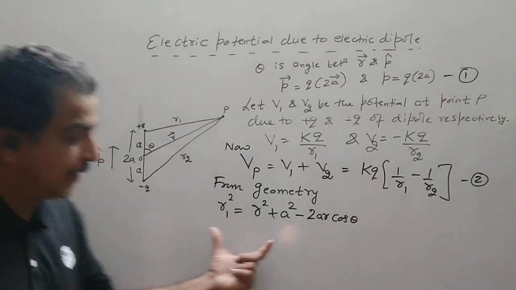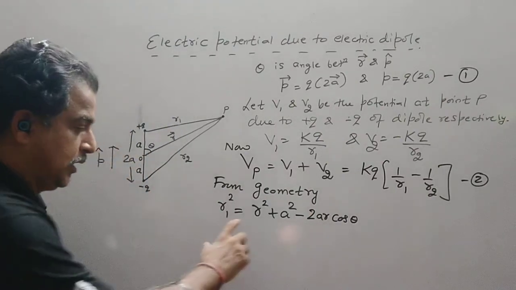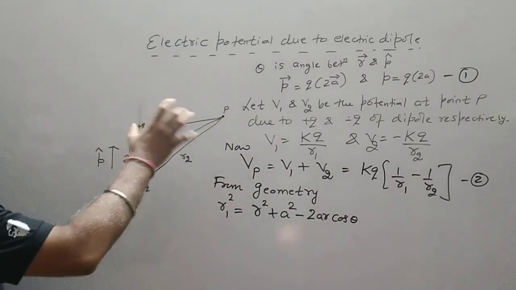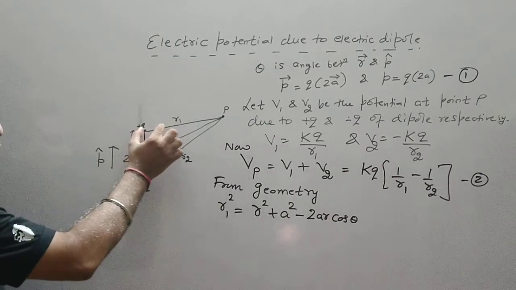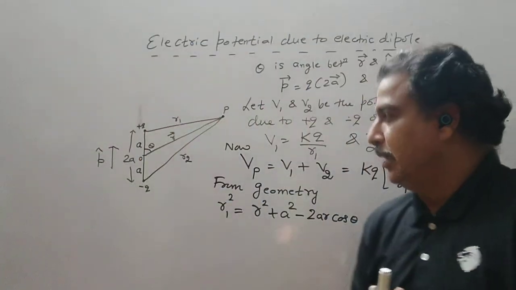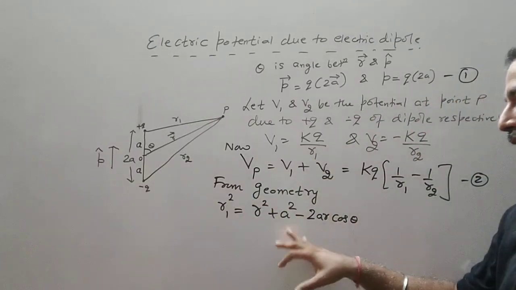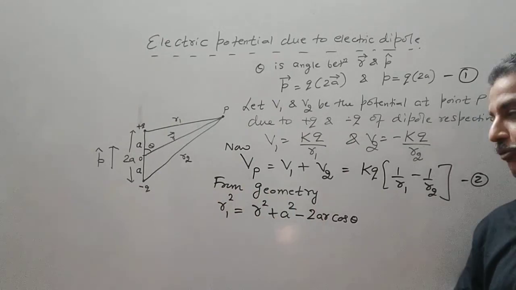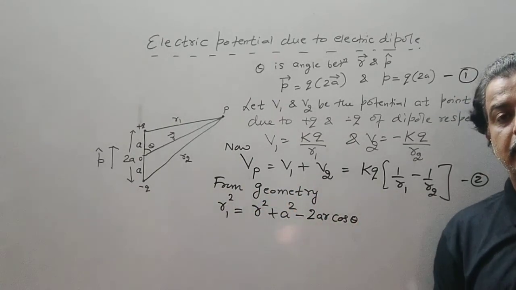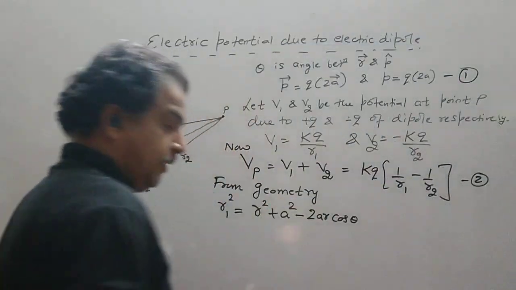It has a proof: we drop a perpendicular on this axis and then find that small distance, A cos theta. As far as the topic is concerned, we are directly taking R1 square as this. We will prove it someday; today you directly take this distance. So R1 square is this.